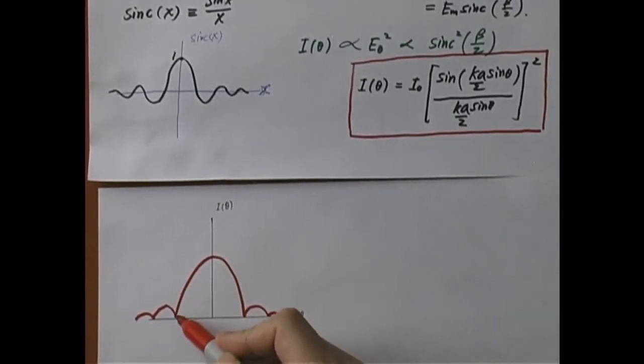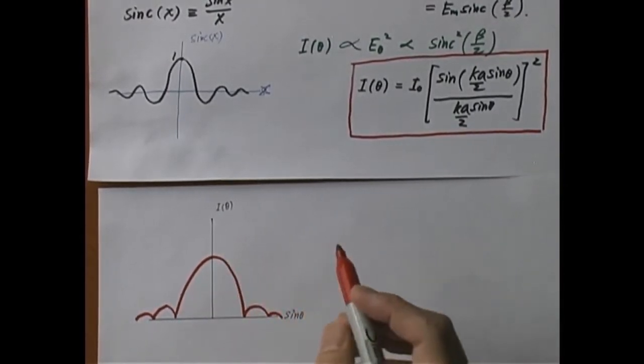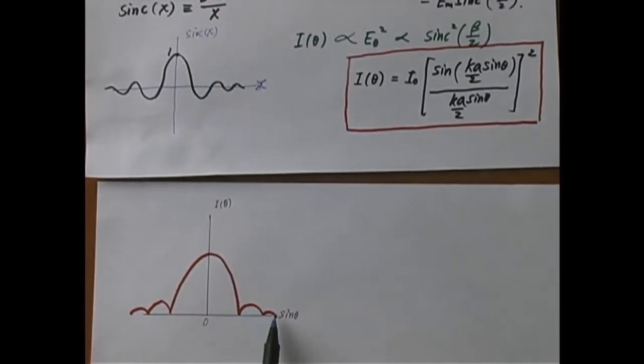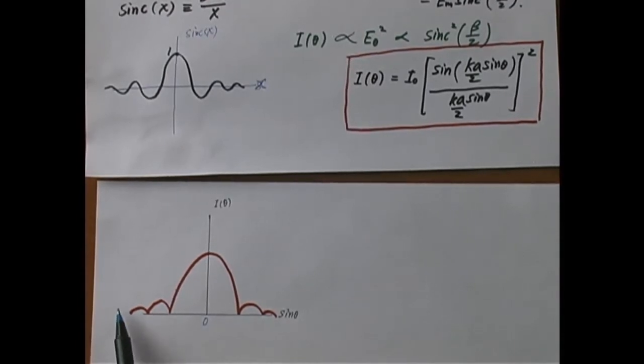You have a broad and tall central peak at theta equal to 0. And then, as you go away, you're going to have side peaks, but these peaks get smaller and smaller. So that is what you observe.